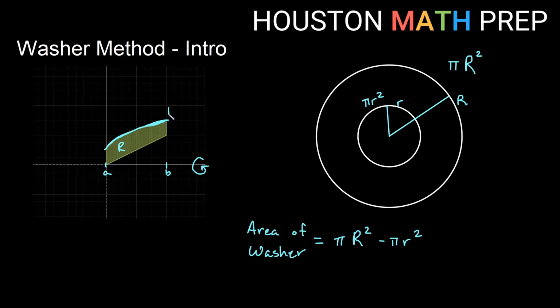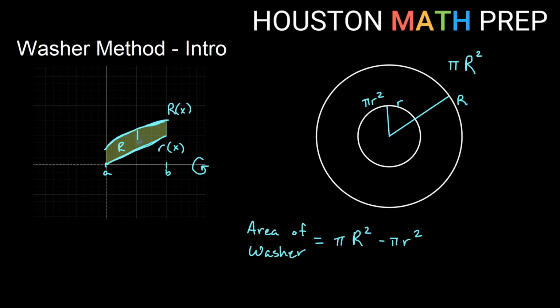So this is going to be our larger radius, and it's not always the same. We're going to call it capital R of x, right? This is changing depending on which x value we choose between A and B. So this one here is our inner radius, the one closer to the axis of revolution. So this is going to be our little r of x. So each washer created is going to be capital R squared minus little r squared, multiplied by pi.